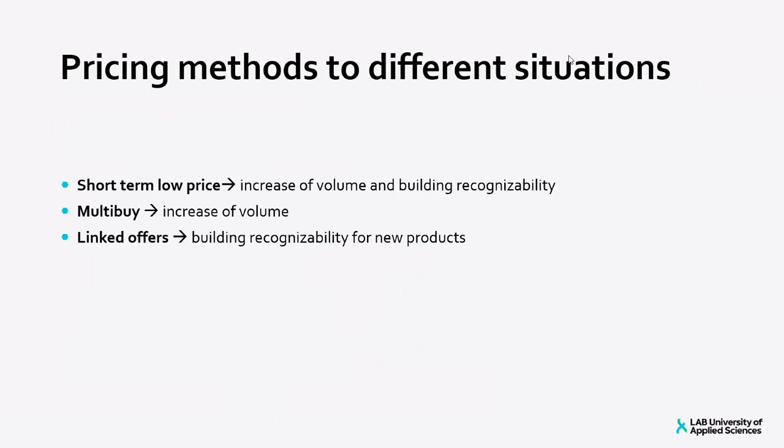That, hey, this is our old and familiar product, but now from our newest launch, newest product, you get, for example, 20% discount. So the difference is that multi-buys are already a package, and with the linked offer, by buying this, you get, for example, a discount on something else.